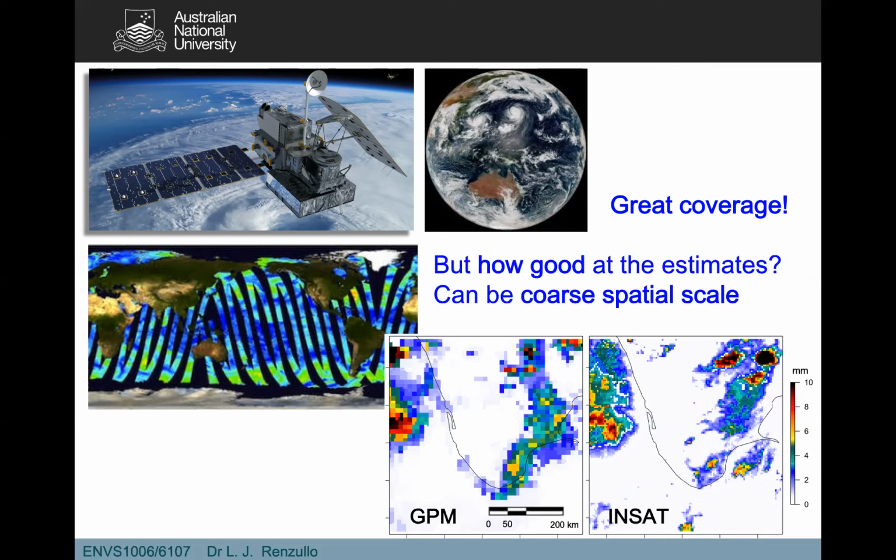Slightly better resolution, still quite pixelated. The thing is, you can see areas where these two estimates of effectively the same thing don't agree in the spatial shape of the rain and how much it rained. So you have to take into account that there'll be different ways of estimating the same thing. They can be better or worse than each other. That's something to keep in mind. So that's that limitation.